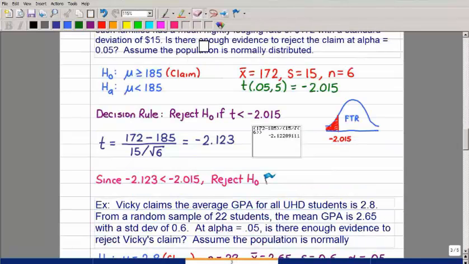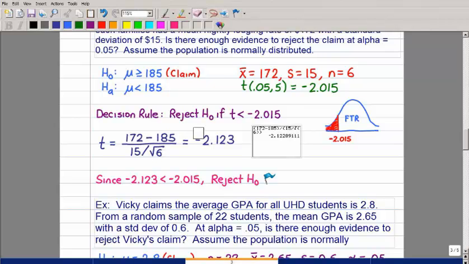So now you can see my decision rule right here. Reject the null if t is less than negative 2.015. So we calculate the test statistic. X bar is 172 minus 185, the hypothesized mean, divided by 15 standard deviation over the square root of 6.